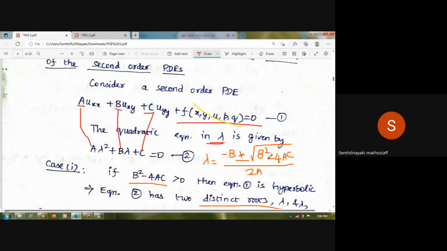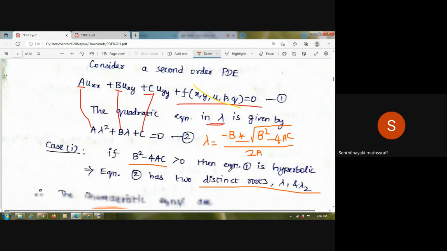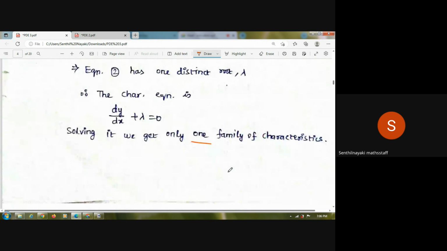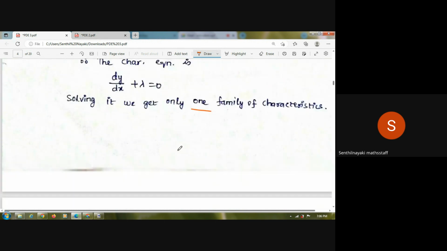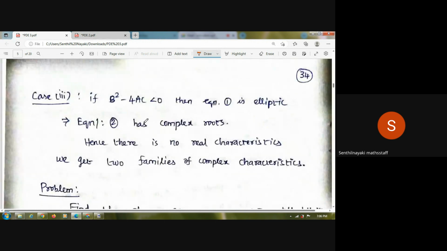The square root of a negative value becomes, yes, a complex value, I mean an imaginary root value. So in the third case, equation 2 has complex roots. Okay, so there is no real characteristic. We get two families of complex characteristics.